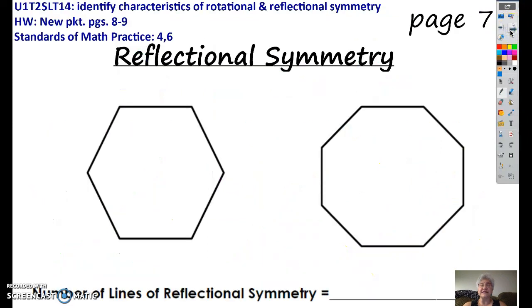Okay, last bit before you can work on your homework. I've got a 6-sided figure and I've got an octagon on the right. So if we draw our lines, and you can pause the video to do so, please draw the lines of reflectional symmetry for each of those regular polygons.